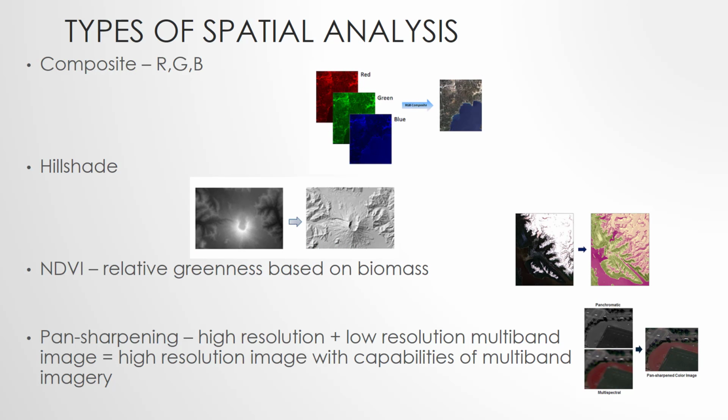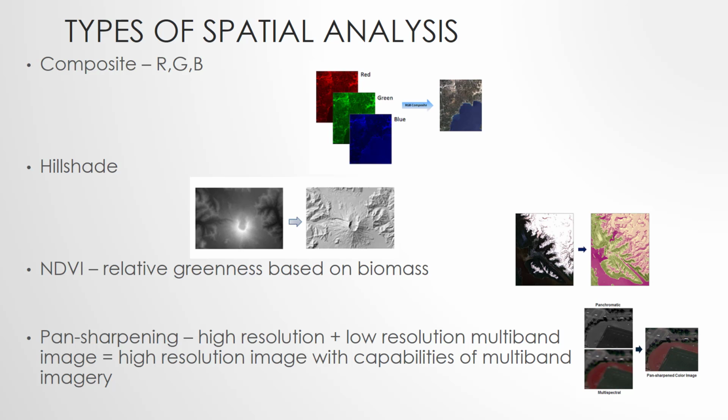The types of spatial analysis that you will learn about in this e-learning course are composite images, which are a combination of red, green, and blue bands to form a true color image, as you see here. Hillshade, which is taking elevation data and applying a tool to it to make it represent what the real world actually looks like, as you can see in the middle image.